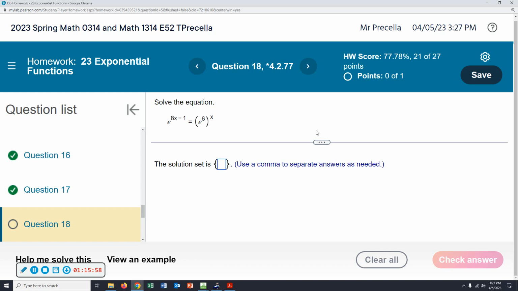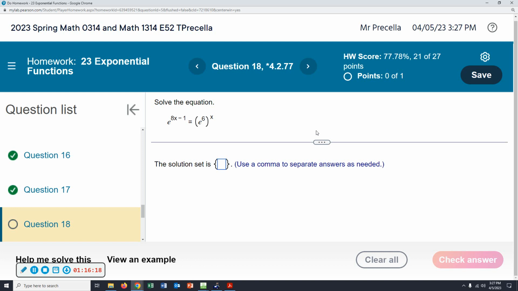An irrational number, we've talked about rational numbers, we found rational zeros. A rational number is any number that can be written as a fraction, one integer over another integer. An irrational number can't be written as integer over integer.